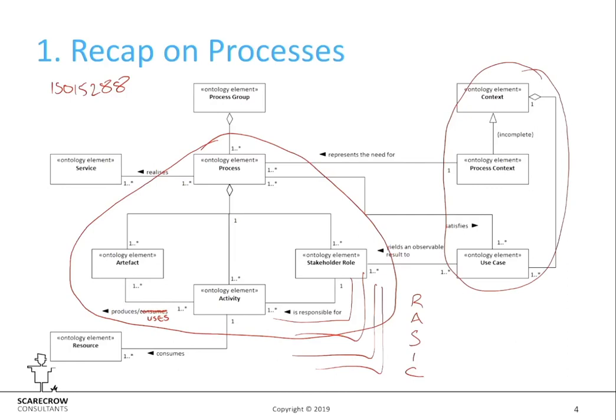All of the technical processes are in one group, all of the management processes are in another group. It's purely an organizational construct, really, just to help the management of the processes. It's nothing more than that.